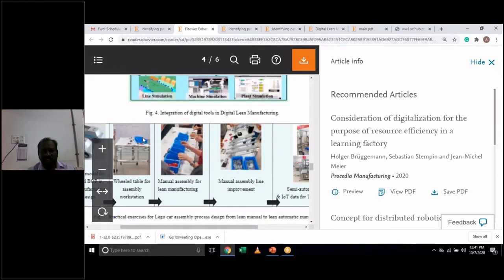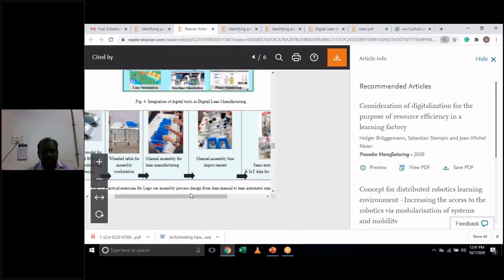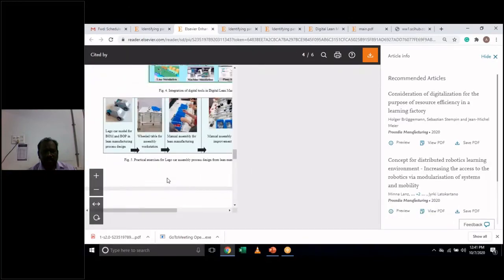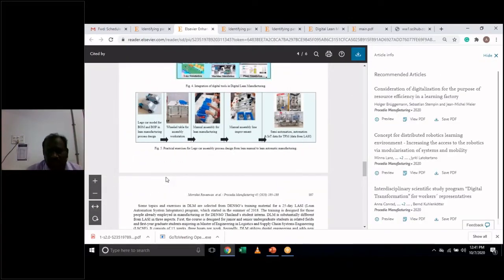When you see this figure, in the particular exercise for the Lego car assembly, you see how the wheel tables have been assembled in the workstation, how the line improvements are made, and where semi-automatic automation is applied.